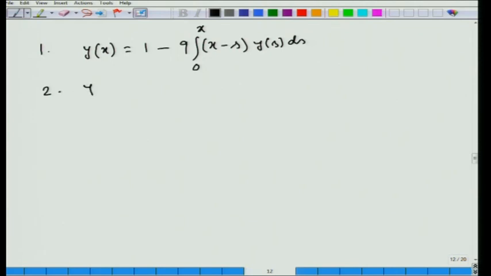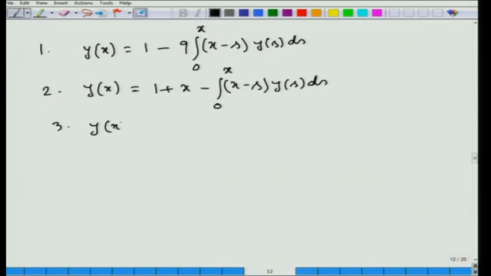Now, I just write here some problems for your practice. Problem number 1, y(x) = 1 − 9∫₀ˣ (x − s) y(s) ds. This is the first problem. Number 2, y(x) = 1 + x − ∫₀ˣ (x − s) y(s) ds.